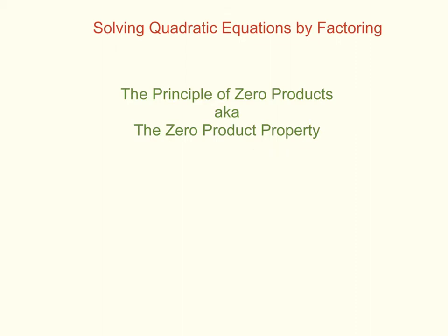And so this is the basic idea of the principle of zero products. If I give you this statement, you should be able to tell me something about A or B, because what we have is A times B, and that's going to be equal to 0. So what is it that you can say about A and B?